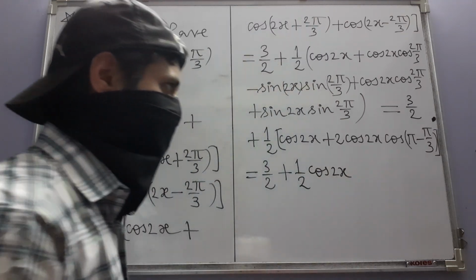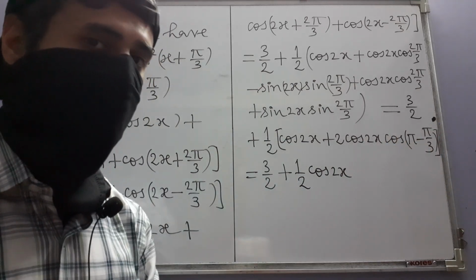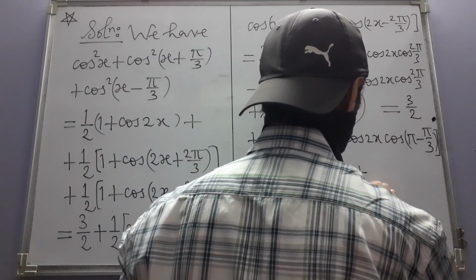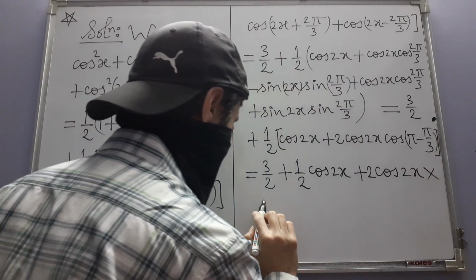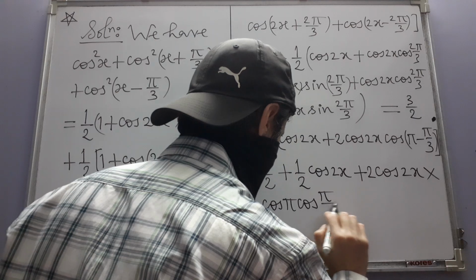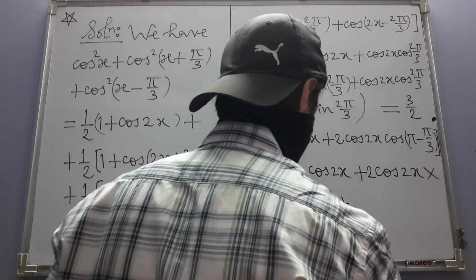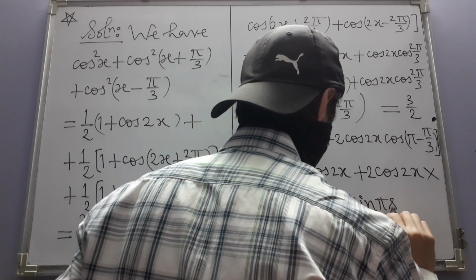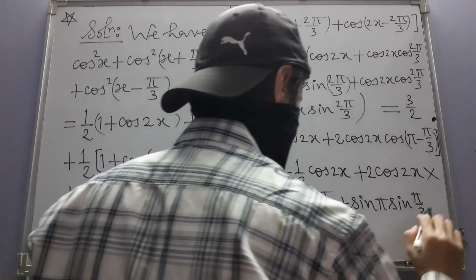Again, here also some people may remember what this cos pi minus a should be, but I would like to just expand. 2 cos 2x times cos pi over 3, because there is a minus and we are expanding cosine, so it is plus sin pi over 3.